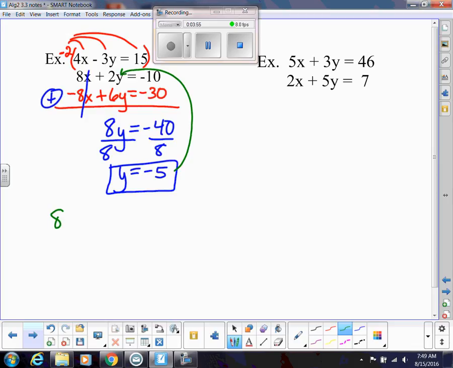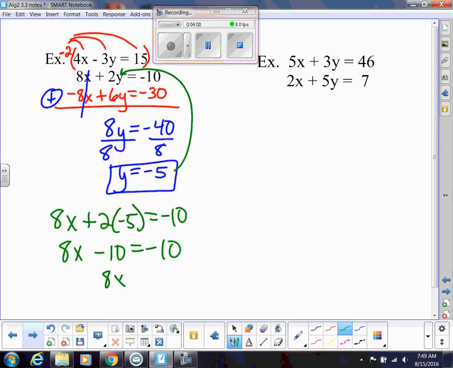So I'm going to do 8x plus 2 times -5 equals -10. I'm going to add the 10 over. That's going to give me 8x equals 0, divide by 8, so x is equal to 0. Remember I said that's okay. So then we have our final answer of 0, -5.